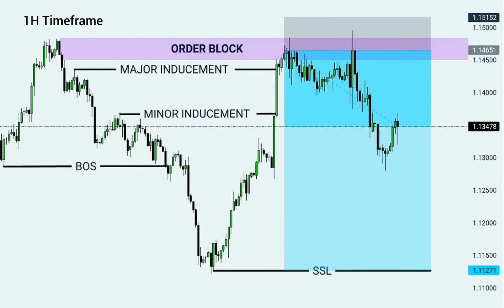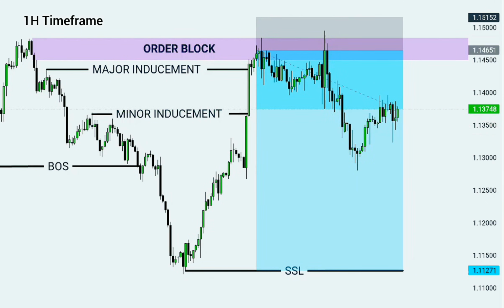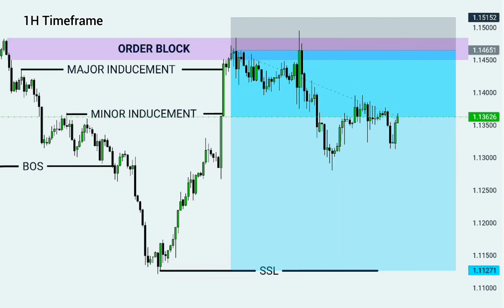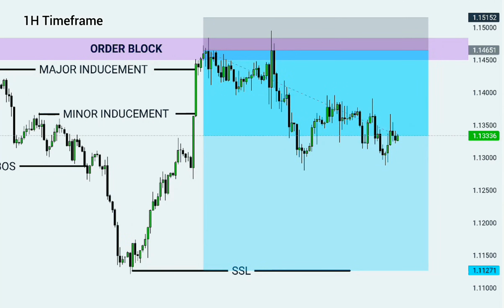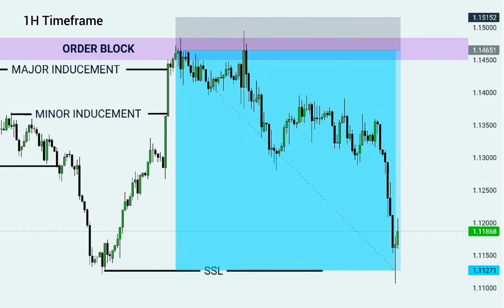This retracement provides a high-quality execution environment where risk can be defined and participation is aligned with market direction. The objective of the sell execution is not prediction, but alignment with price delivery towards sell-side liquidity. So in this chart, sell execution is the final step, taken only after liquidity, structure, and confirmation are all in place.